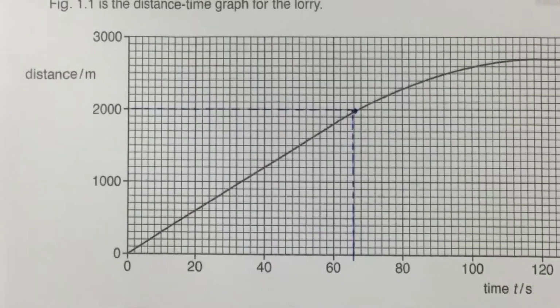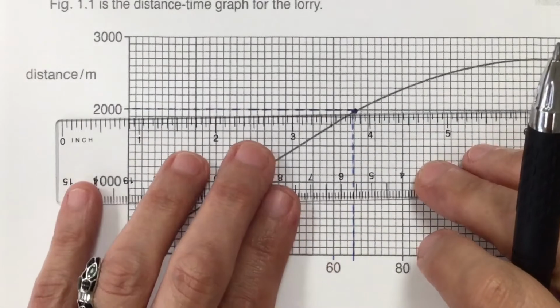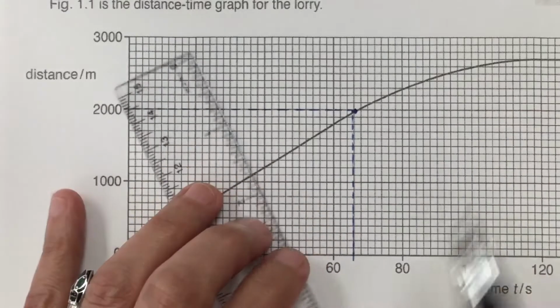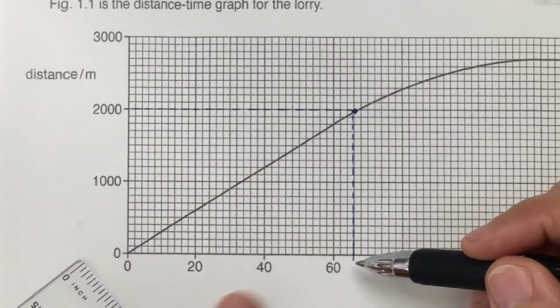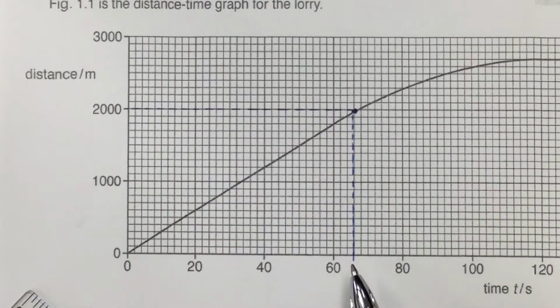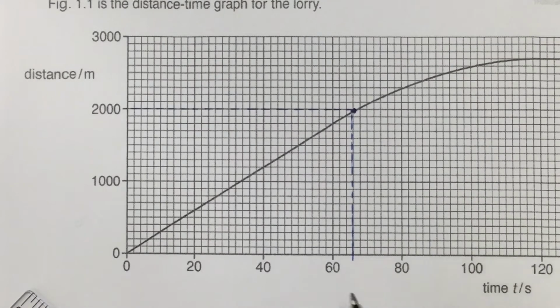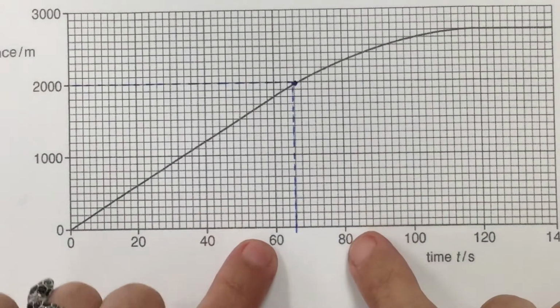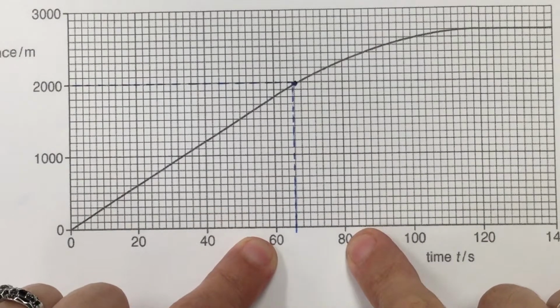The Y direction intersects right on 2000 meters, but on the X it does not. So I need to figure out how much is each box. Between 60 and 80, 1, 2, 3, 4, 5, 6, 7, 8, 9, 10 boxes. So I have 10 boxes between 60 and 80.